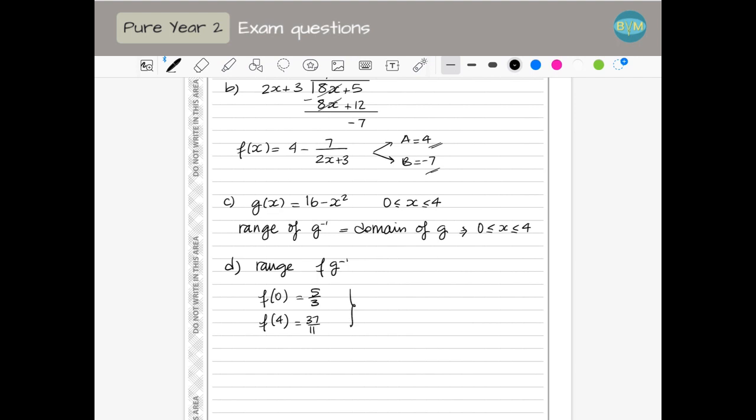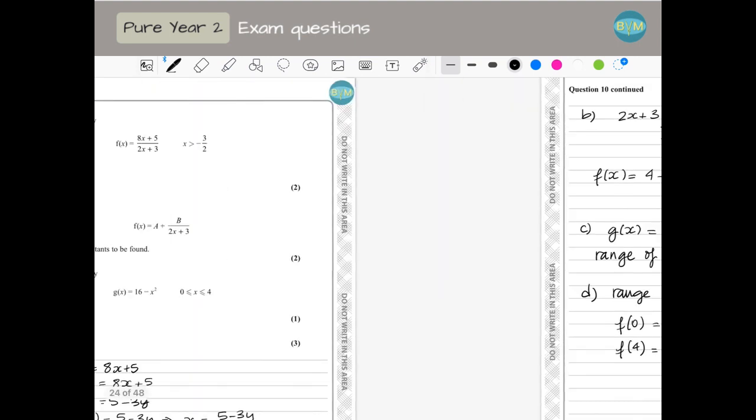Which means my range of f of g minus 1 is going to be values between 5/3 and 37/11. And that's it, yeah? That's all with this question.